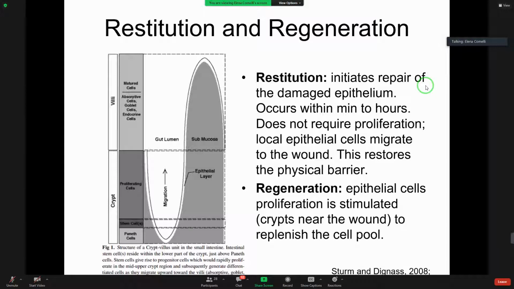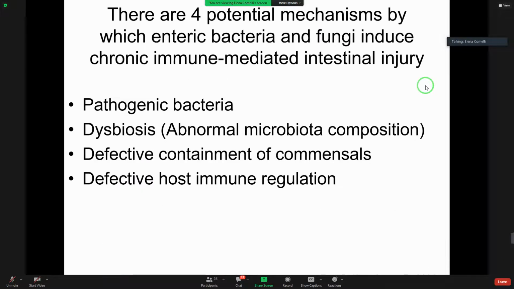On the other hand, regeneration refers to the proliferation of epithelial cells, which is stimulated and starts happening in the crypts localized near the wound, in order to replenish the cell pool and also reestablish the integrity. So just a little parenthesis because we have never mentioned this.